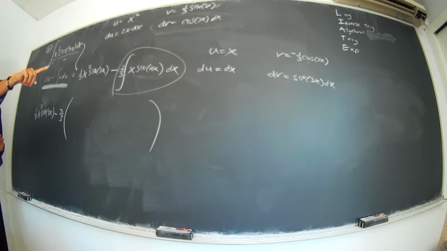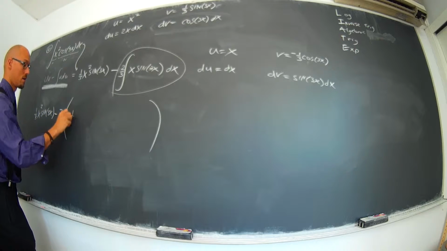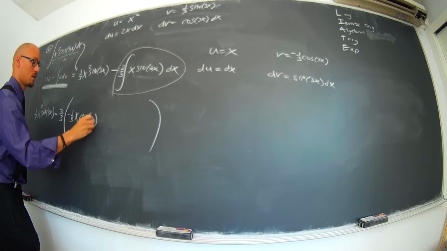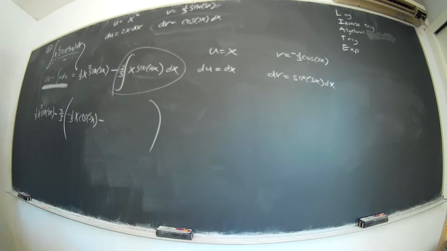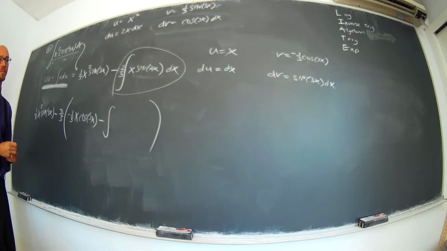So what's my new uv? Negative 1/3 x cosine 3x. That's uv, right? That's uv minus integral, what's v du? Negative 1/3 cosine 3x dx.